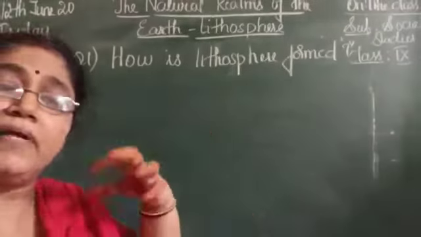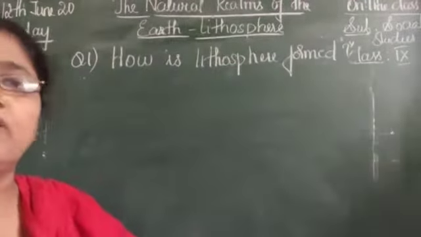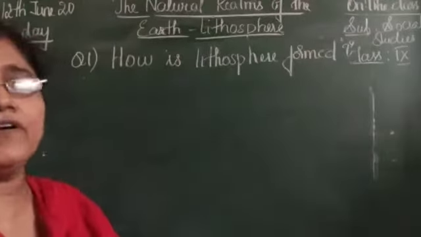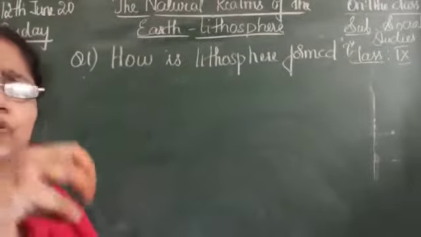So millions of years back, earth was a hot burning ball. You all knew it, like we have seen the video regarding this. So this ball took some millions of years to cool down, children.